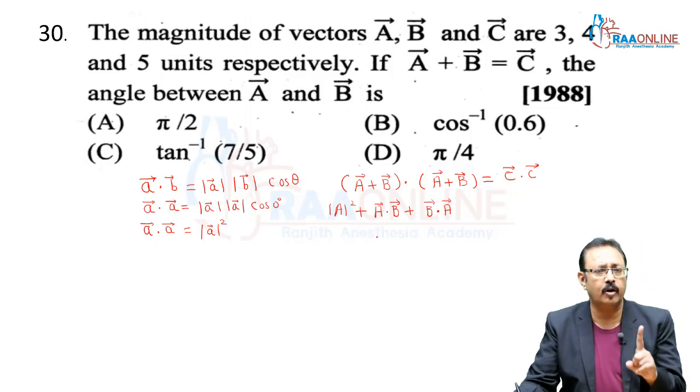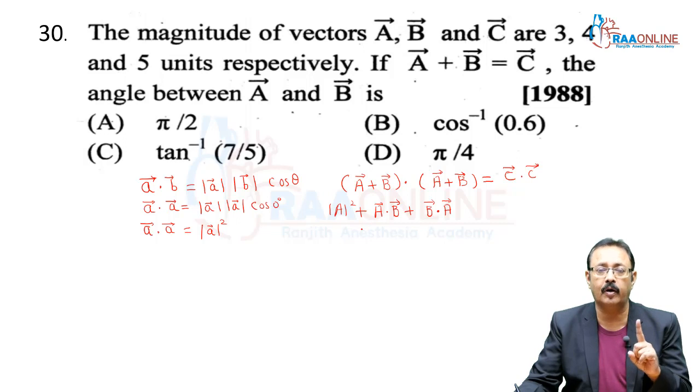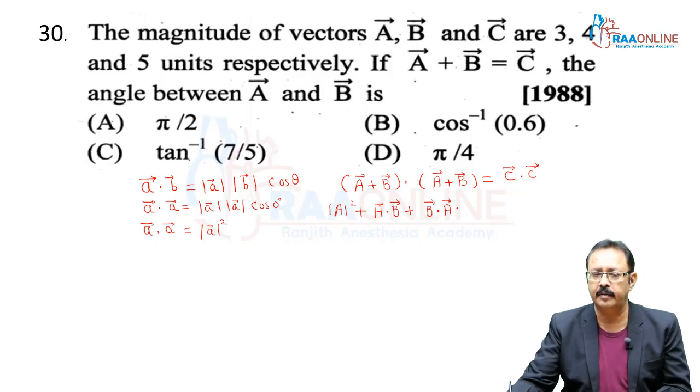It means A dot B is equal to B dot A. But in cross product, order matters. A cross B is equal to minus B cross A. Then B dot B means mod B square. C dot C is mod C square.